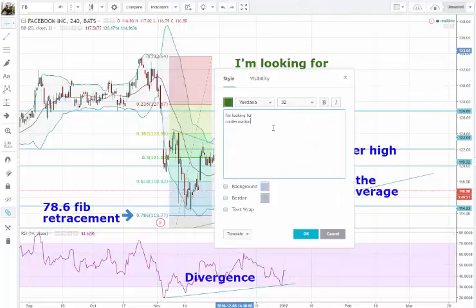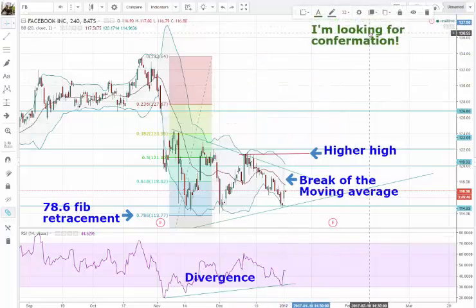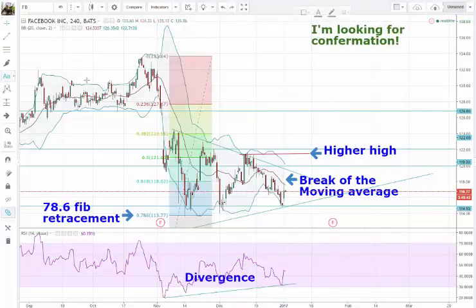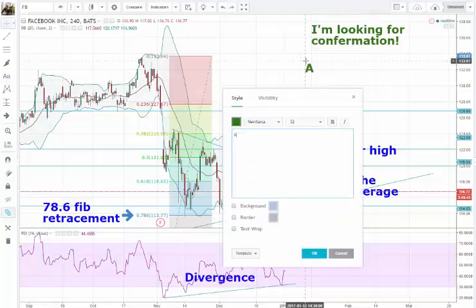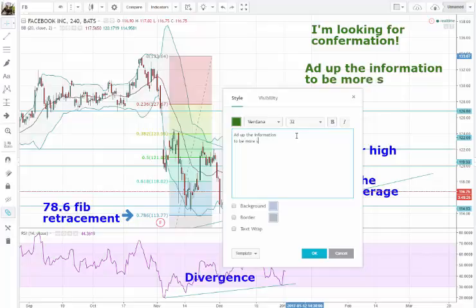Let me put an explanation marker behind that. Why? Because I'm going to add up the information to be more sure on the direction of the move, because that's what we want to do, people.